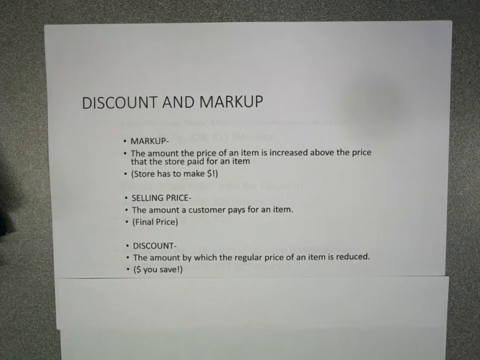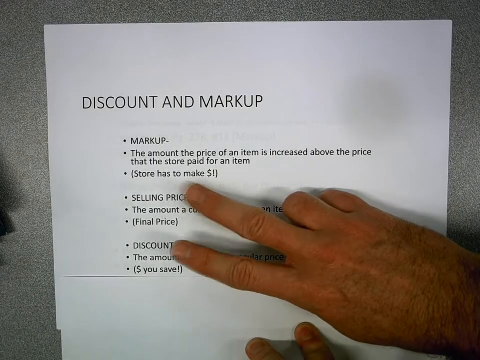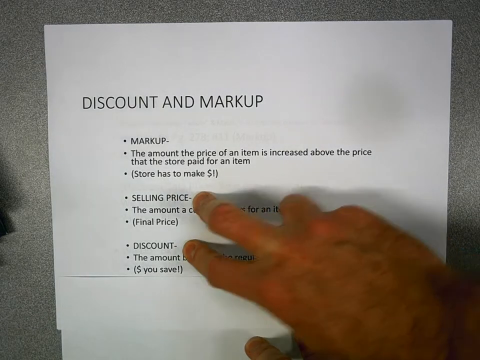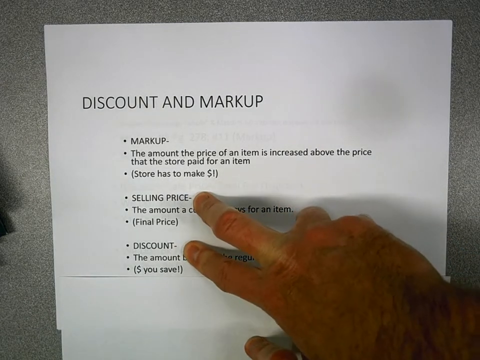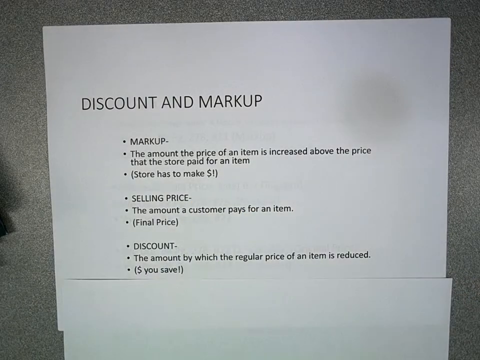I have to say that in my years teaching this, you have to be very careful, because a lot of students get into the math problem and they start getting these two mixed up, or don't pay attention to these two. So in just a little while, I'm going to go into great detail about not only the differences of the two, but how they are related to each other. Especially when a discount and selling price, they're actually like complementary to each other. And I'll show you what that means in just a bit.